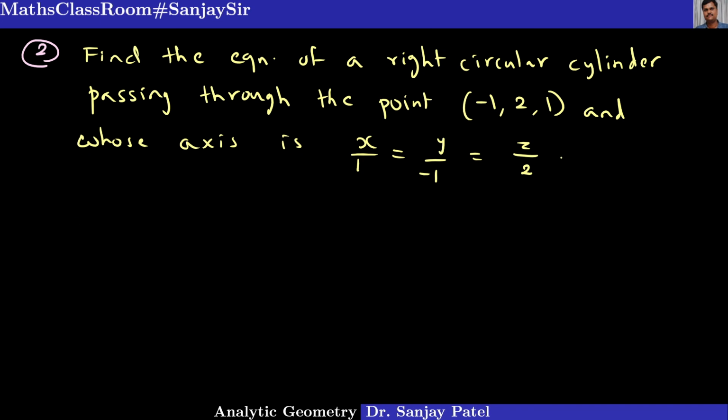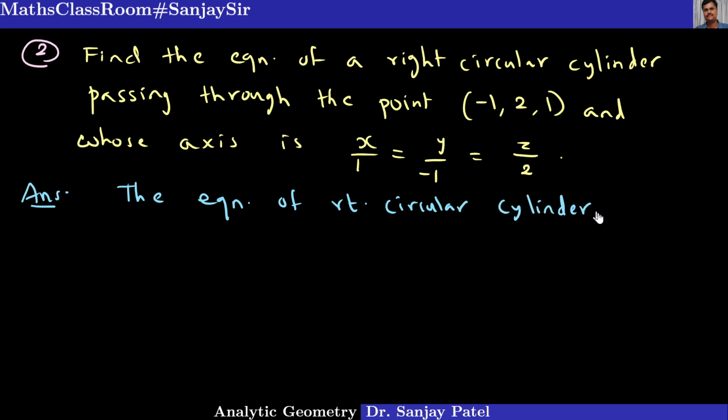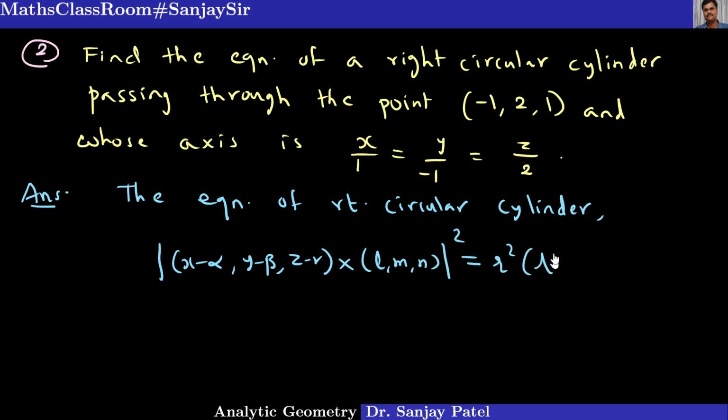We start the solution by writing the equation of a right circular cylinder in the standard form, or in the usual notation, as mod of (x minus alpha, y minus beta, z minus gamma) cross (L, m, n) whole square is equal to r square into (L square plus m square plus n square).